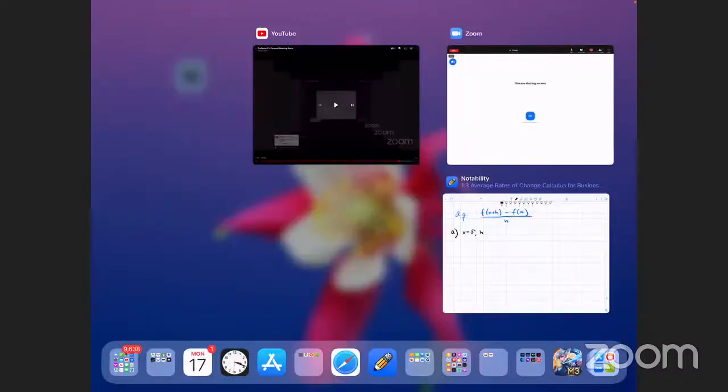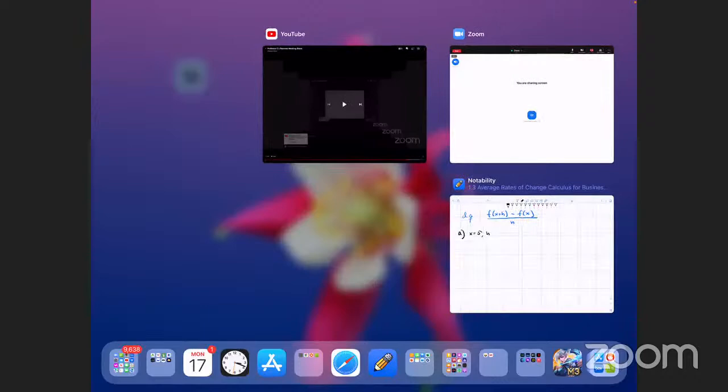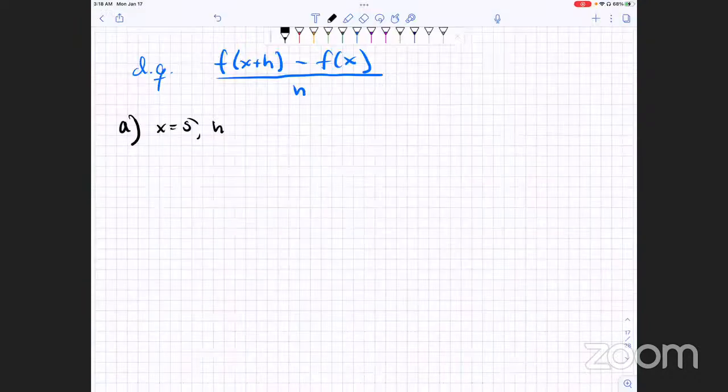Now I want to make sure that the audio is working because I had to switch out my headphones. Give me just a moment. Okay, I think it's working.